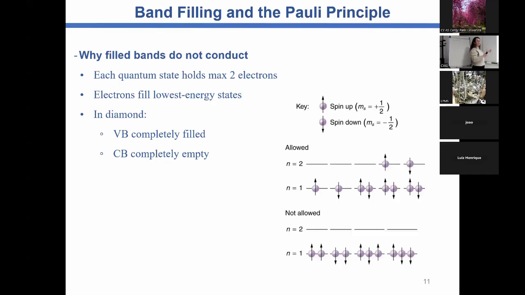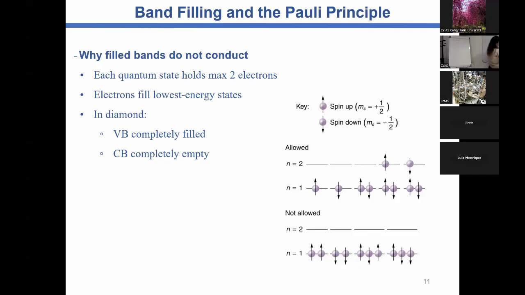These spins are related to the magnetic property of the electron due to its movement around its orbital. So in terms of this, we will have the Pauli distribution allowed: for instance, for one quantum number, one electron up, one down, two electrons in the same state, but one up, one down.